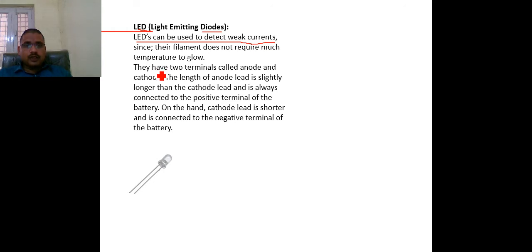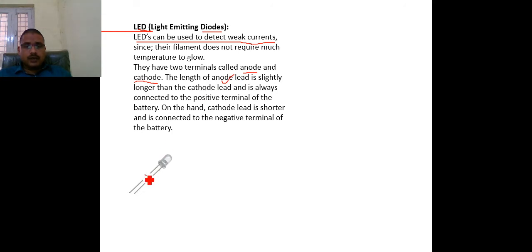They have two terminals, as already told. Here we are talking about the diode. There is one terminal known as the anode, and another terminal known as the cathode. How can you identify which side is the anode or cathode in an LED just by seeing it?